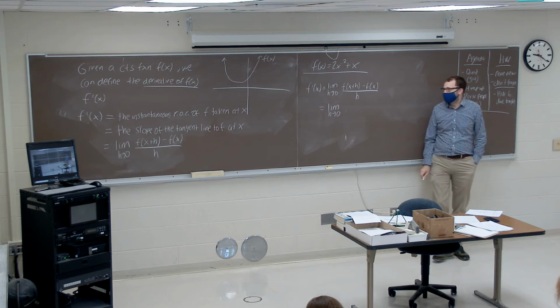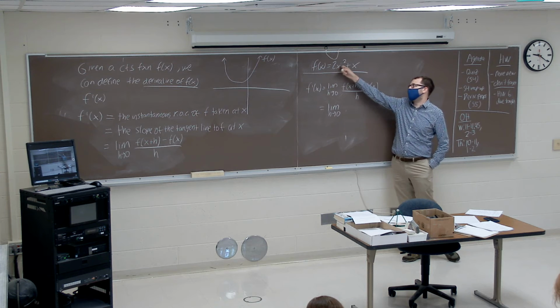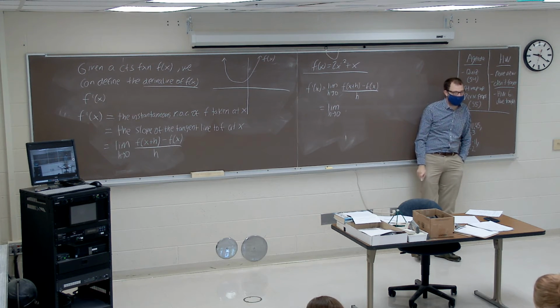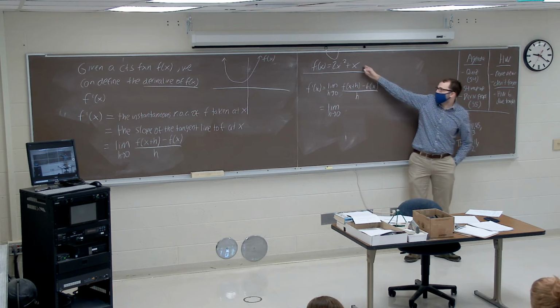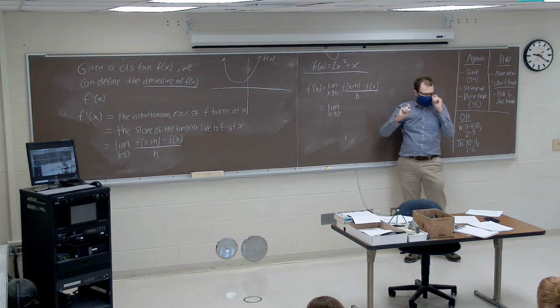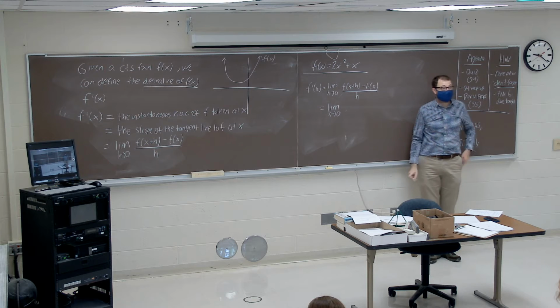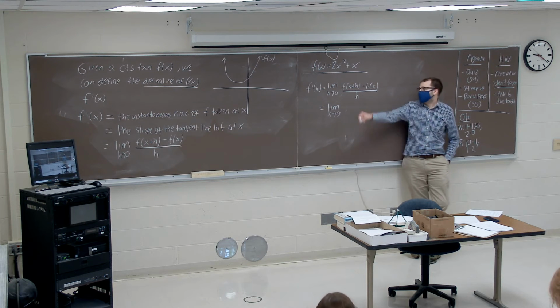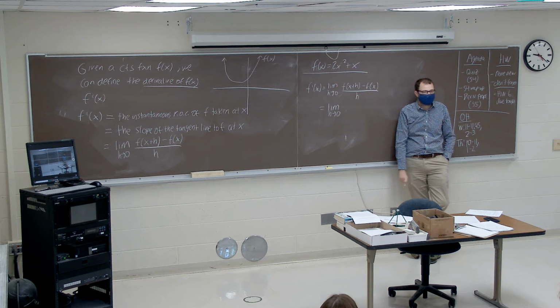So if our f of x is 2x squared plus x, what is f of x plus h going to be? If everywhere we see an x in this expression, we replace that x with an x plus h term. What sort of expression would we get if we replaced our x's here with x plus h's?